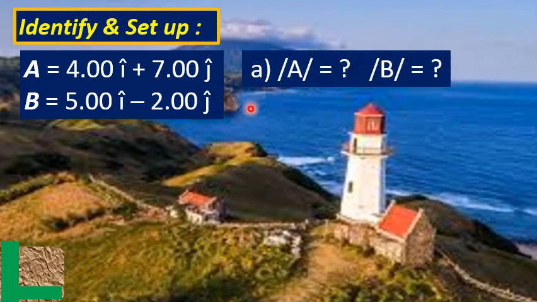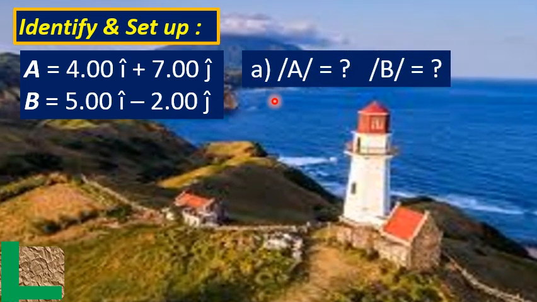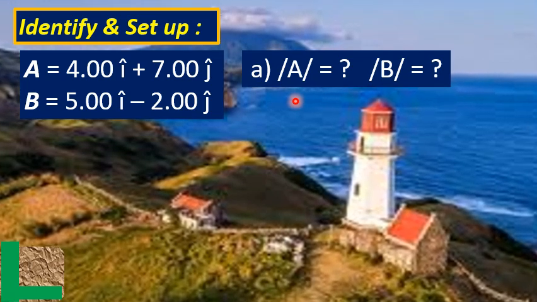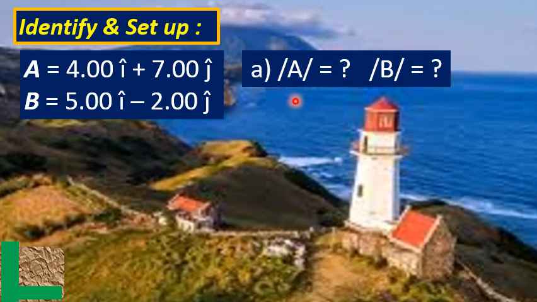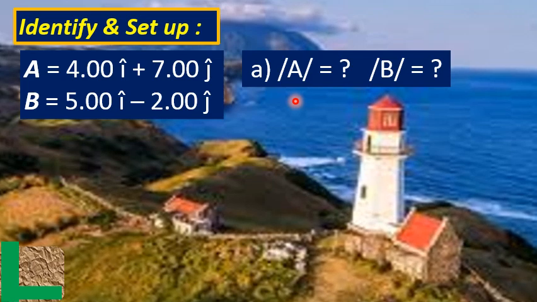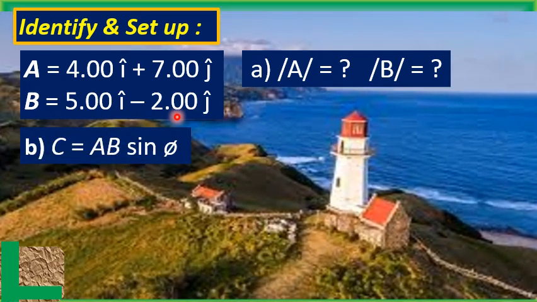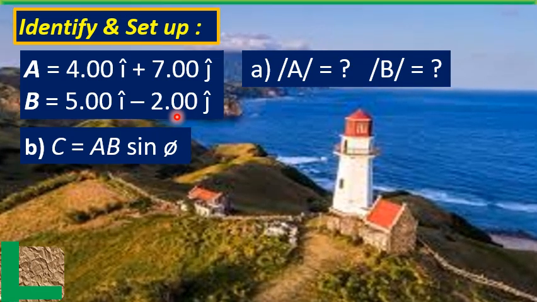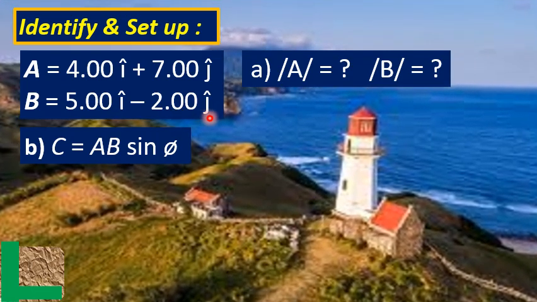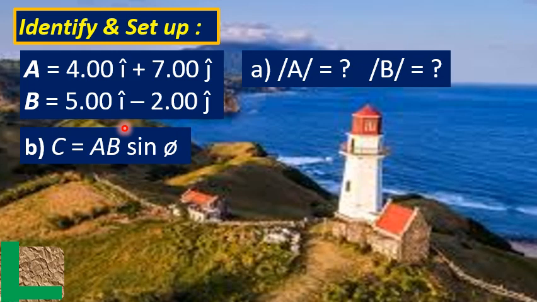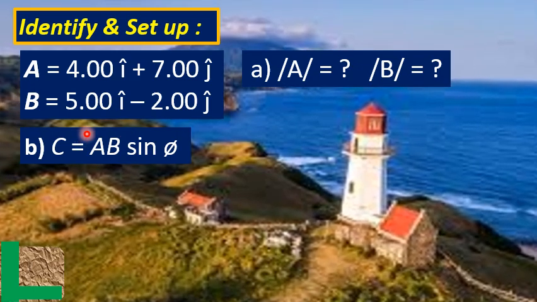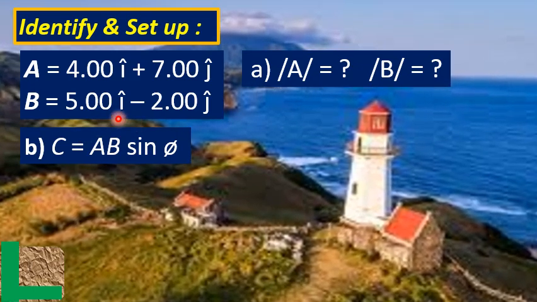We are required to find, letter A, the magnitudes of each vector A and B. And letter B, we are also asked to find the vector product of vectors A and B, which we label here as vector C.